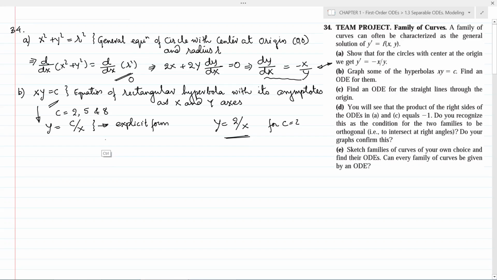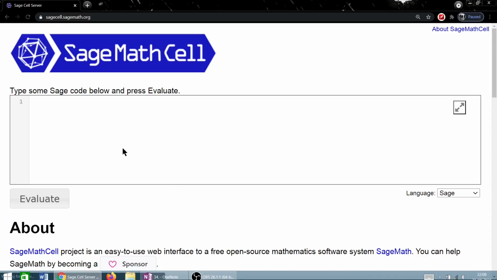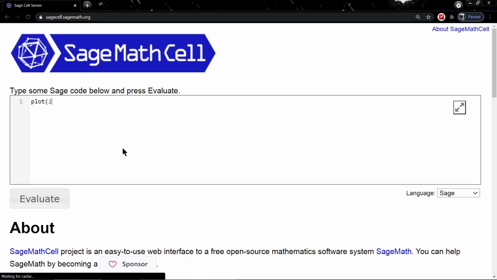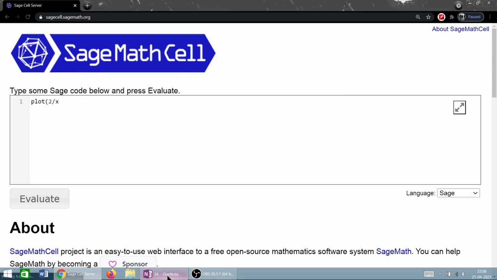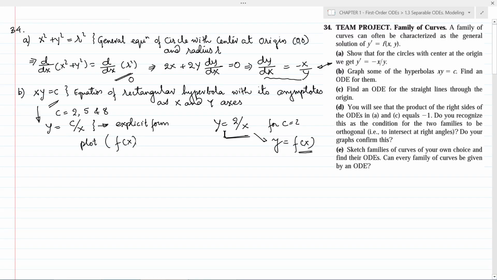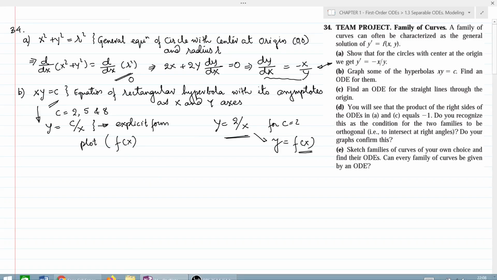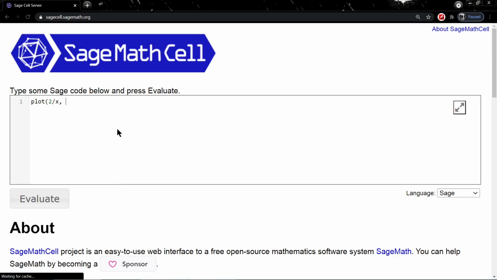Now, in SageMath, there is a command called plot, which is used to plot explicit functions. Now, here the function is in the form y equal to f of x, and we are going to use this f of x in the plot command to plot the graph. We will go to SageMath and write plot 2 by x, because we can see the f of x is 2 by x for this rectangular hyperbola with c equal to 2, and we will give the x range and y range in which we want to plot the graph.